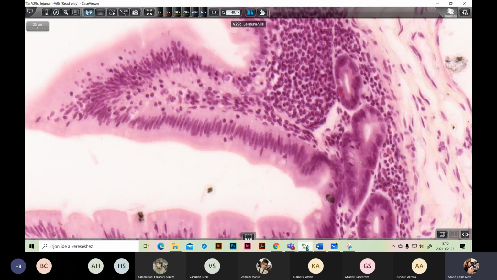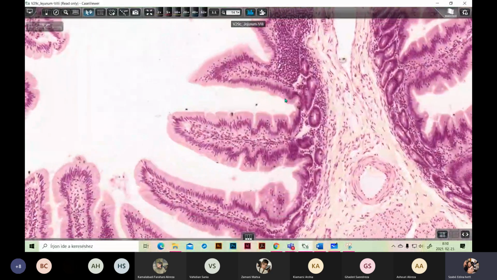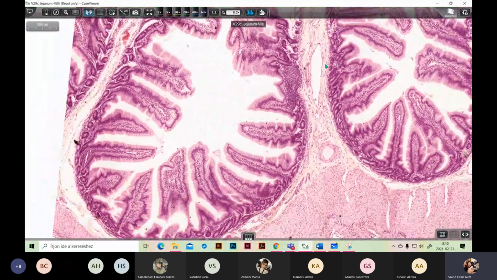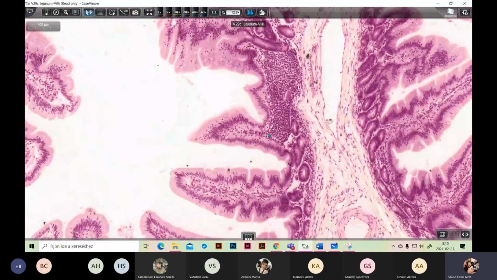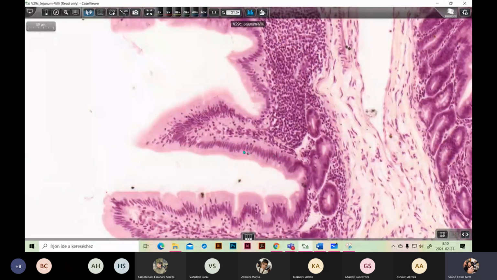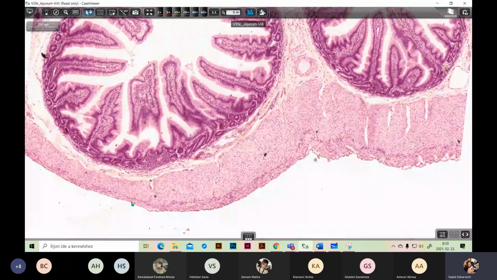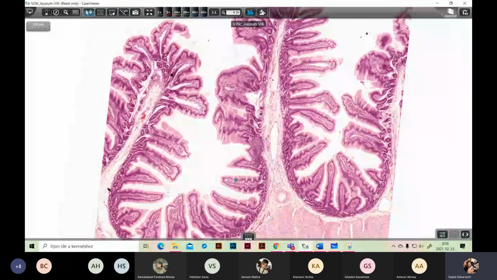Look around with the smallest magnification. You see that slide has several layers with several tissues. Firstly, we have to find the epithelium, the surface epithelium on the slide. You see one surface is smooth here, one surface is smooth here, and on the other surface you see protrusions.